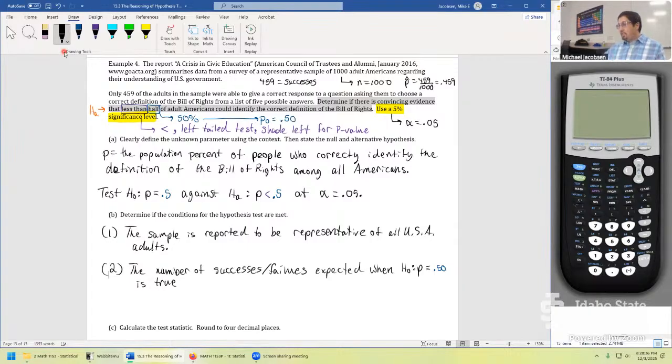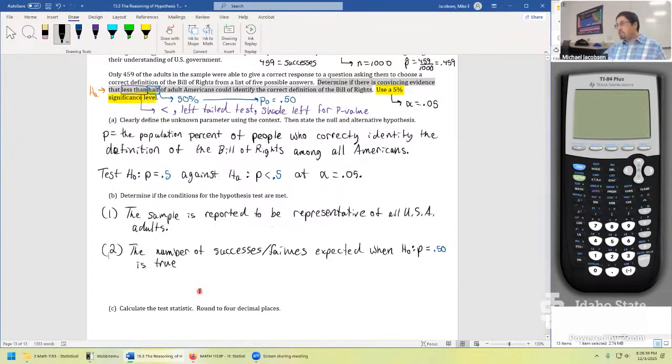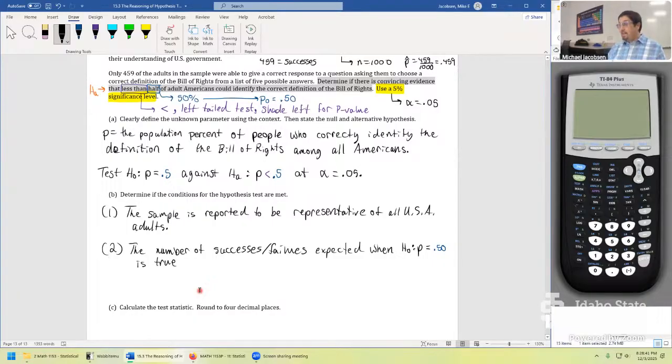You don't have to necessarily write in that statement, but it's a good thing to think about because this is the logic of the hypothesis testing. Our very first step is to assume the truth of the null hypothesis that only 50% of USA adults can correctly identify the correct definition of the Bill of Rights.